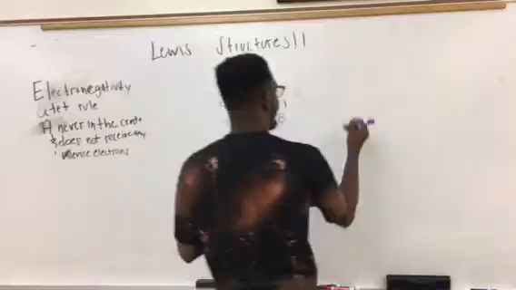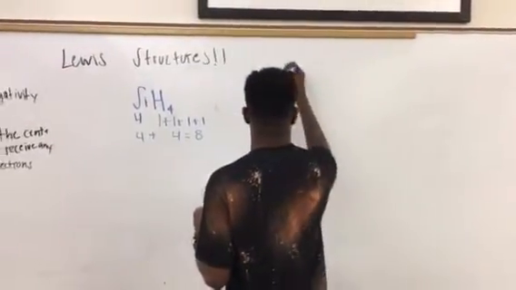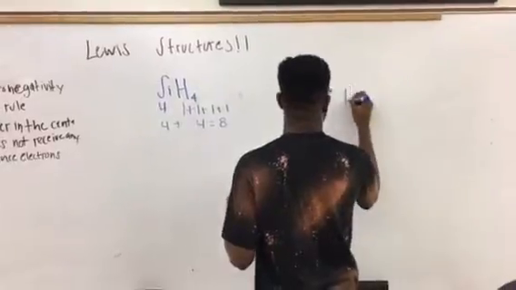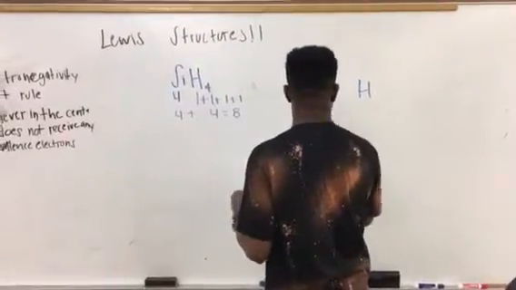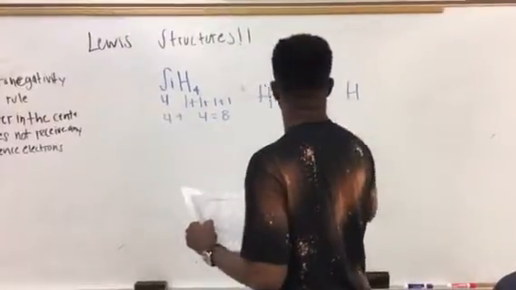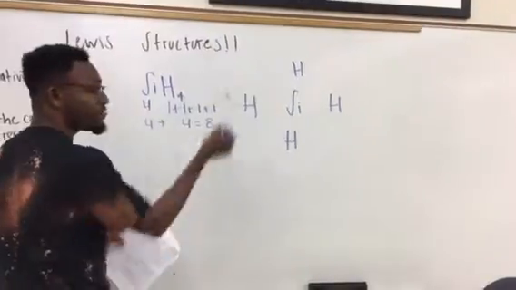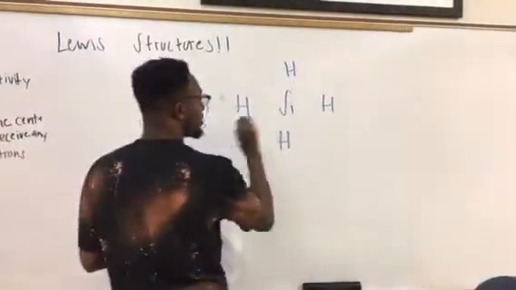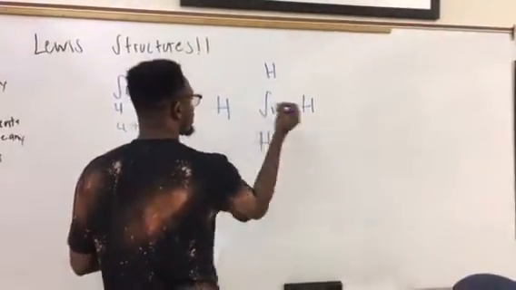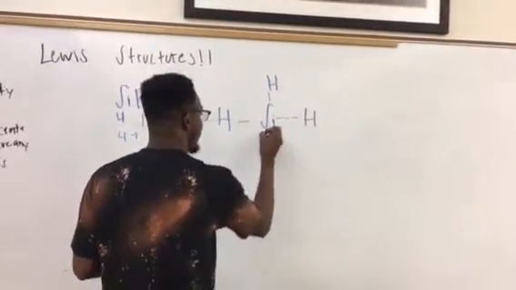If I were to draw this, I have the Si right here and these 4 hydrogens. And like I said, hydrogen is never going to be placed in the middle. We bond them all to the silicon atom, so we have 2, 4, 6, and 8.